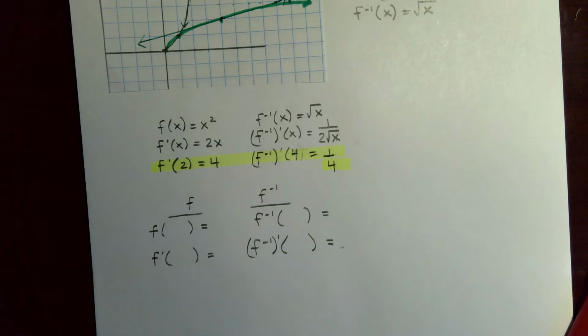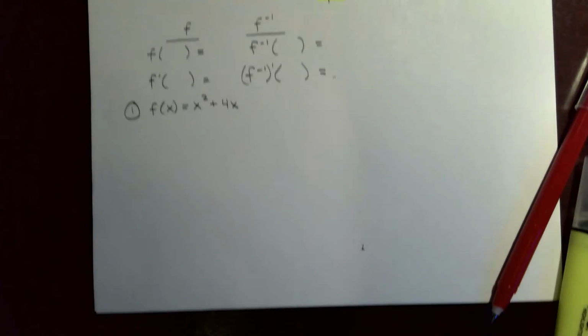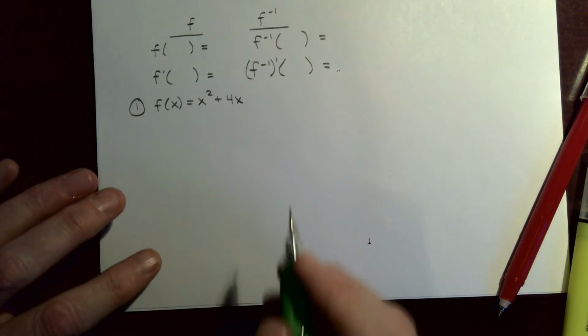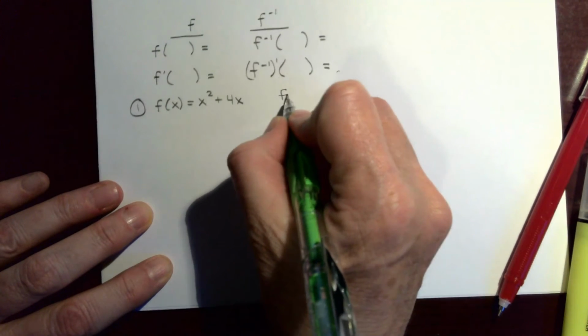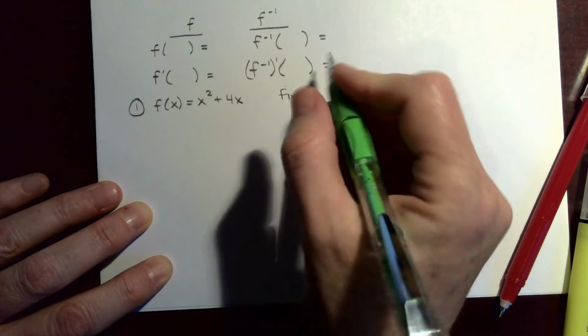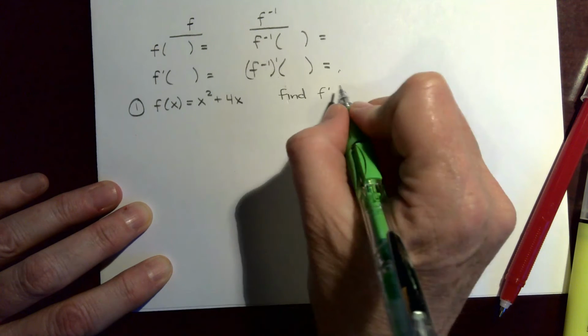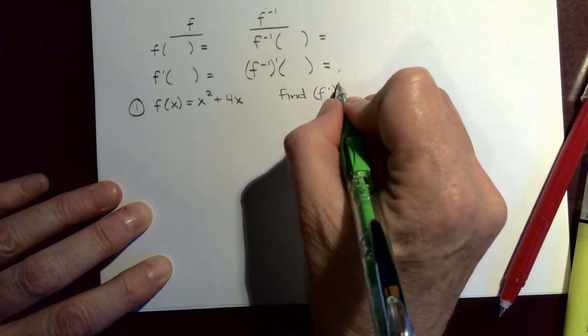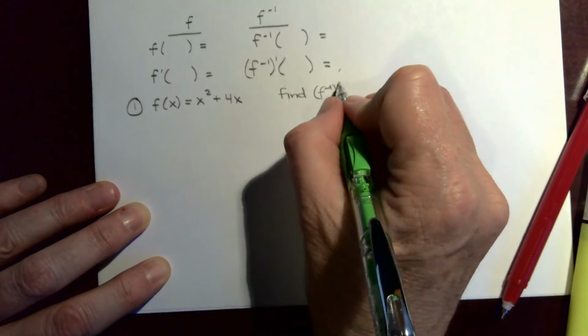Okay, so let's say that I give you the problem that f of x is x squared plus 4x. Let me move this down here a little bit better. And I want you to find the derivative of f inverse at 12.